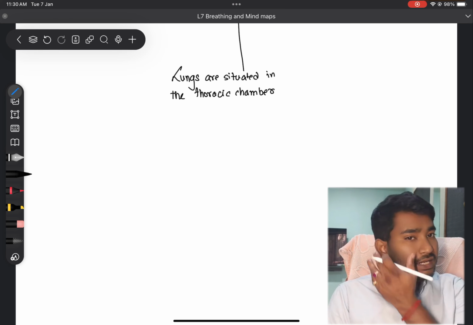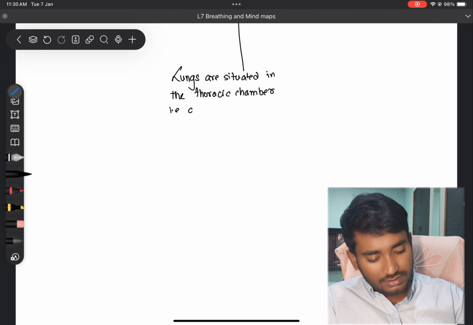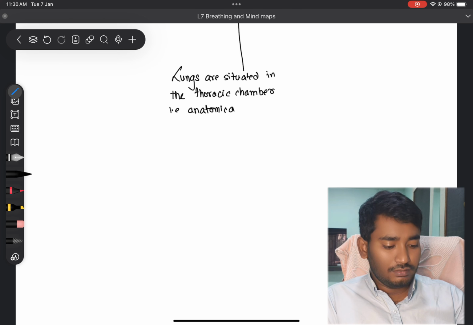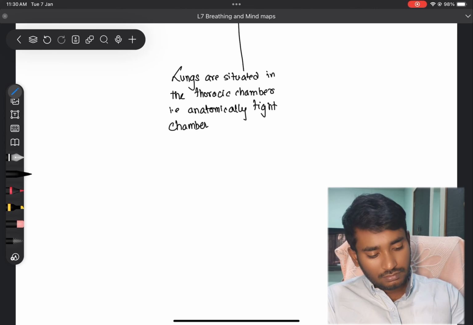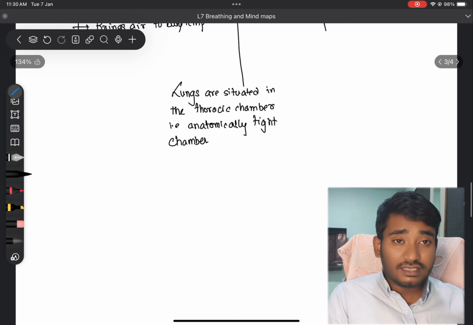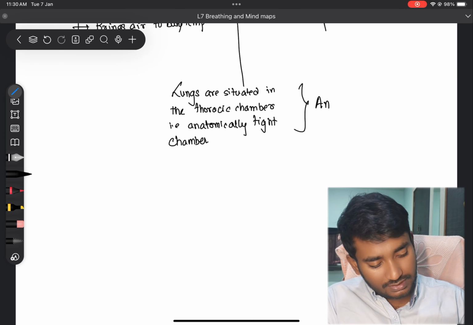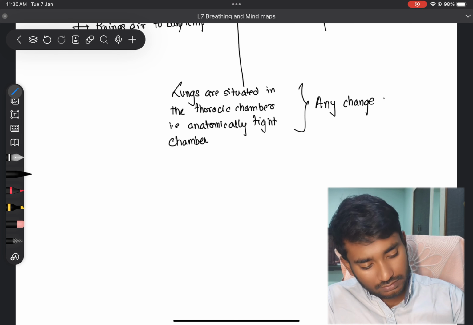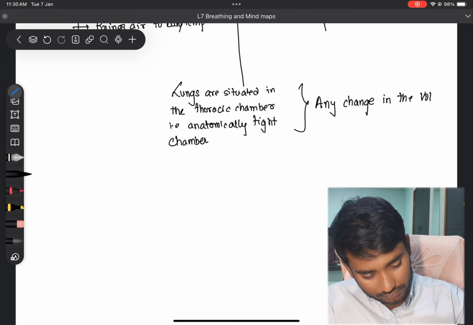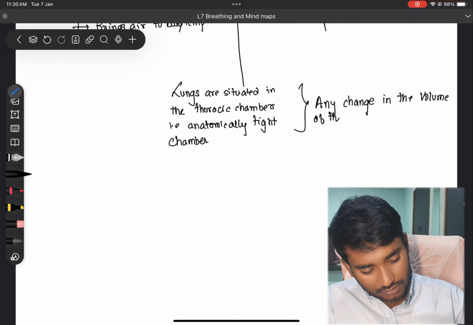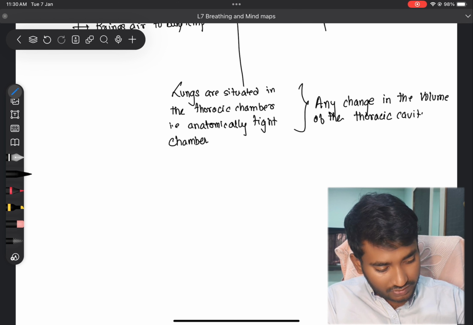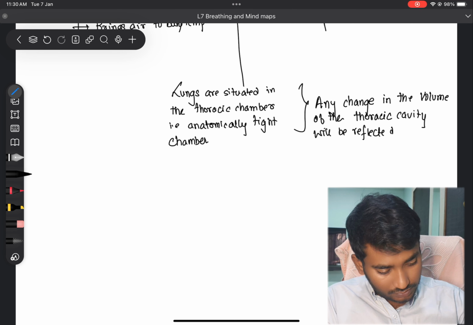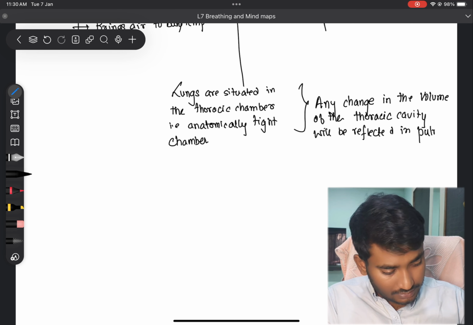Again, any change in the volume of the thoracic cavity will be reflected in the lungs, in the pulmonary cavity.